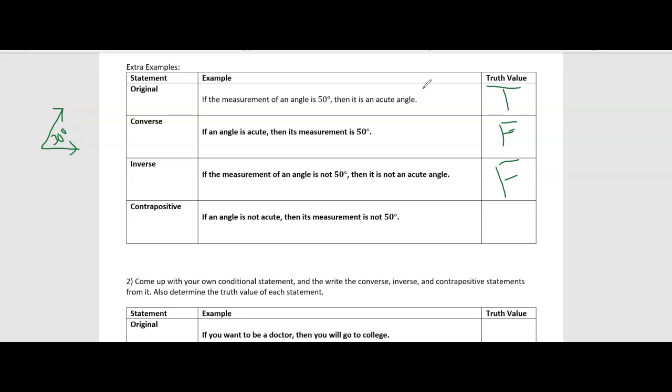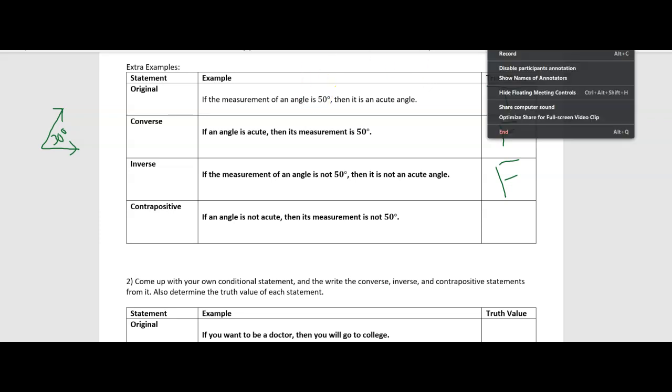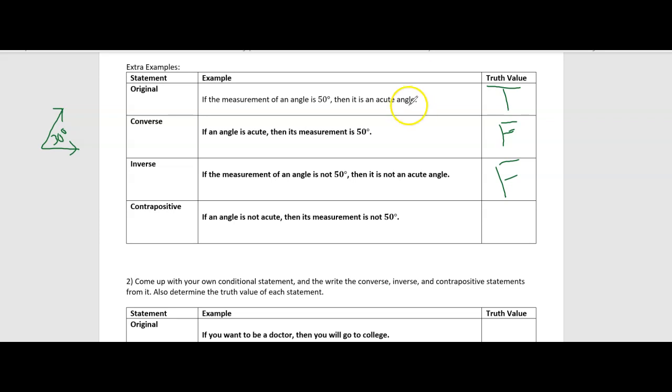And our contrapositive, if an angle is not acute, then its measurement is not 50 degrees. Well, if an angle is not acute, is there any chance that its measurement is 50? And no, right? If an angle is not acute, its measurement is going to be something other than 0 to 90 degrees.